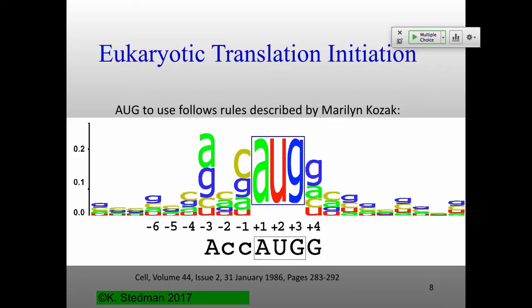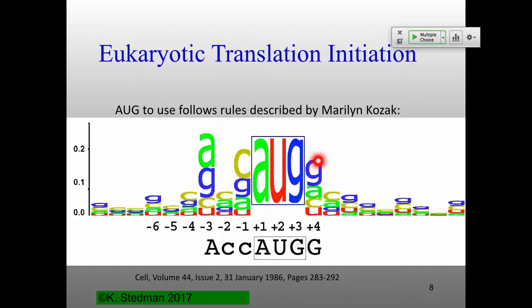The reason that we know this is because Marilyn Kozak and some of her colleagues looked at a whole bunch of RNA sequences and compared them all to each other to find out where the start for translation was. And what they found was, not surprisingly, 100% of the time you had an AUG here.